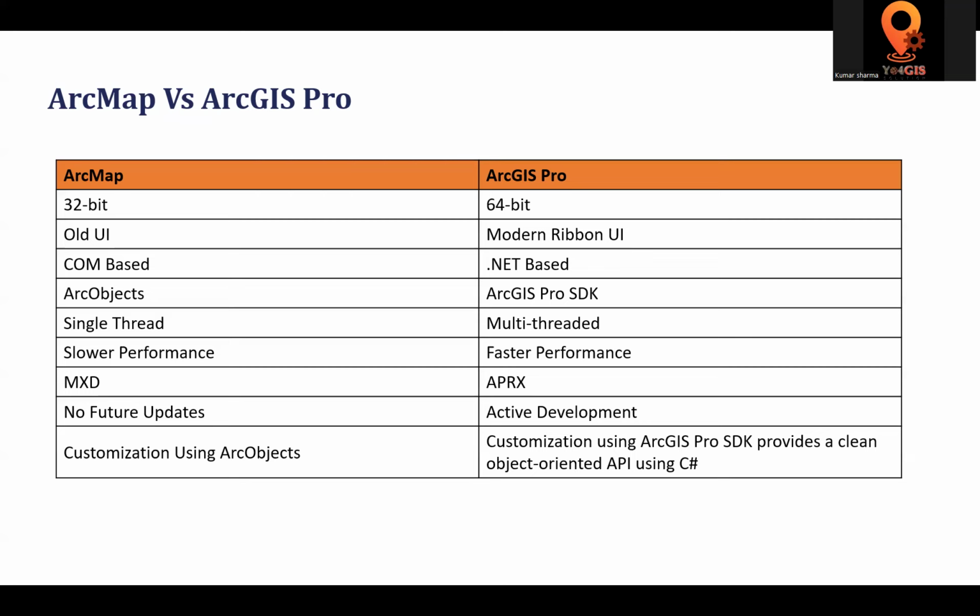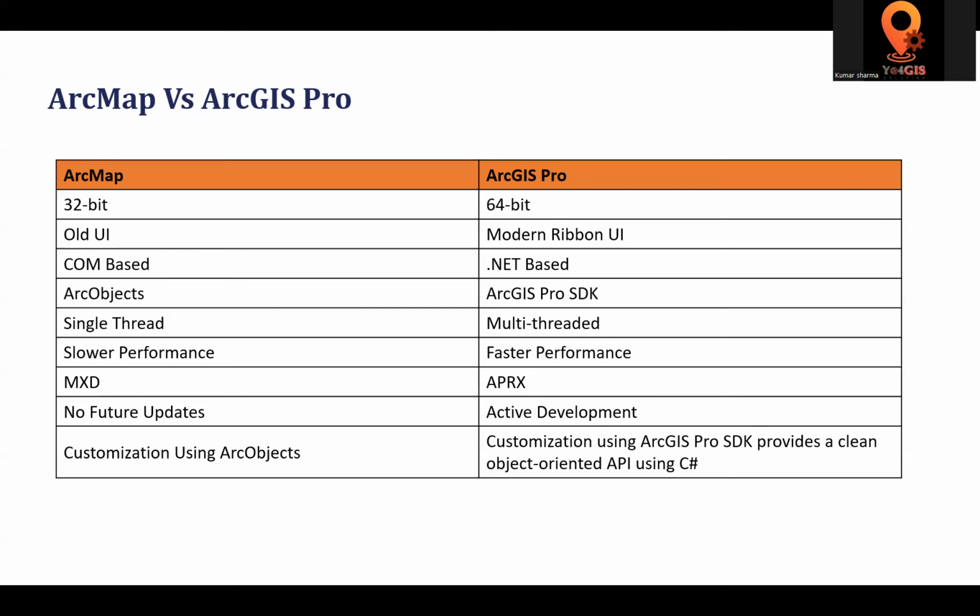ArcMap works on a single thread, and ArcGIS Pro works on multiple threads. The simple difference between single thread and multi-thread is, let's suppose I want to execute four tasks parallelly, but I have only one pipe. I cannot send all four tasks collectively.